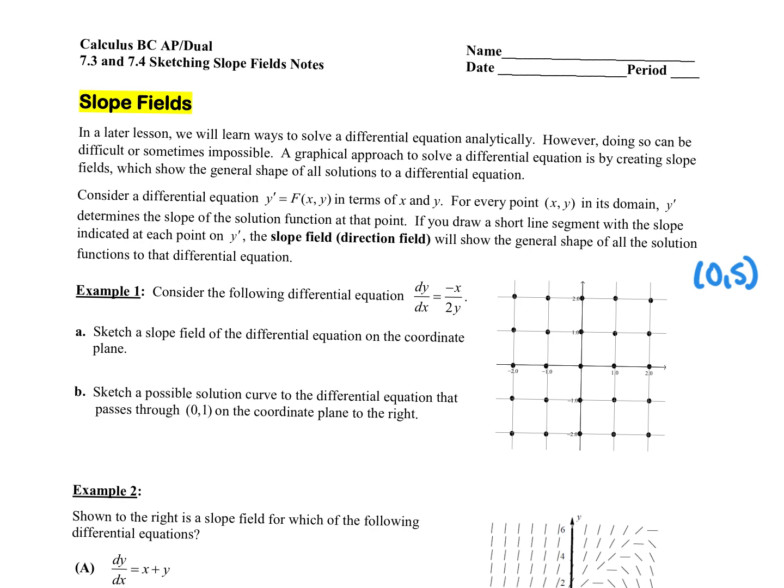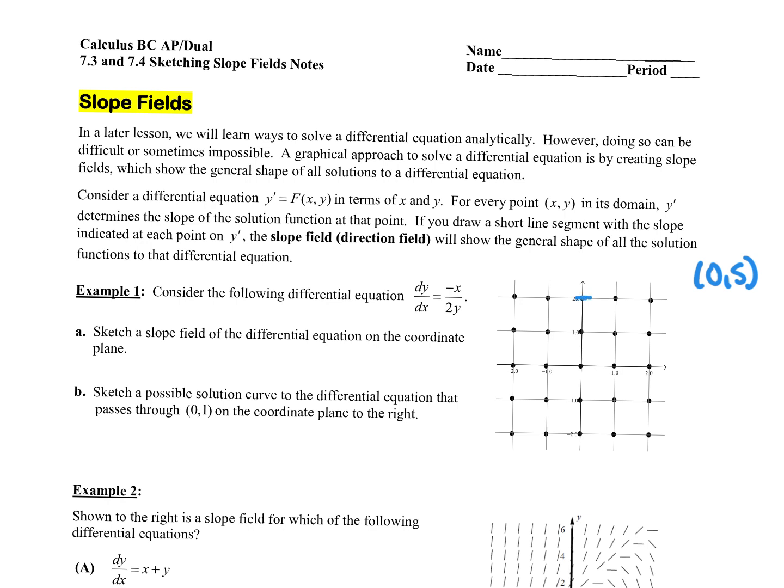What about 0, 2? Will the slope of the tangent line be 0 at 0, 2? What about 0, 1? Yeah? So when we draw a slope field, we're going to draw a little mini tangent line to show what the slope of the tangent line would be at each point.